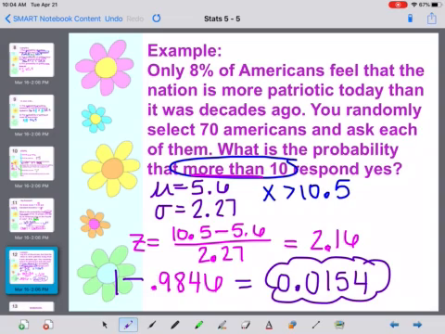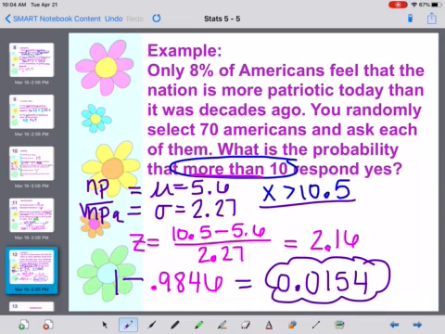That's your final answer. So that's literally everything we've done this entire chapter. First we had to find the mean and the standard deviation by taking n times p and the square root of n times p times q. That's what we did last time, so we just used those numbers. Then we had to apply the continuity correction to figure out that it was 10.5.